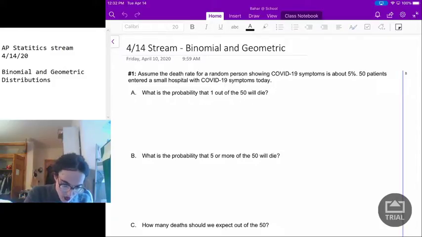We know that something is binomial because it follows the following conditions known as BINS: Binary outcomes, Independent trials, Number of trials is fixed, and our last one, Success chance is constant.